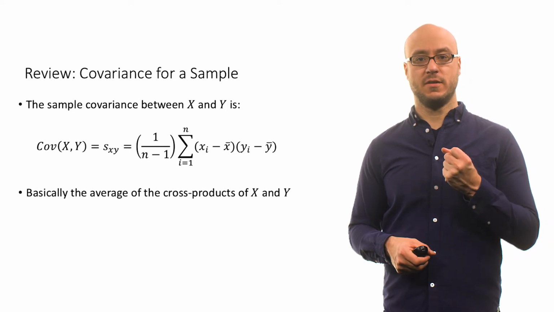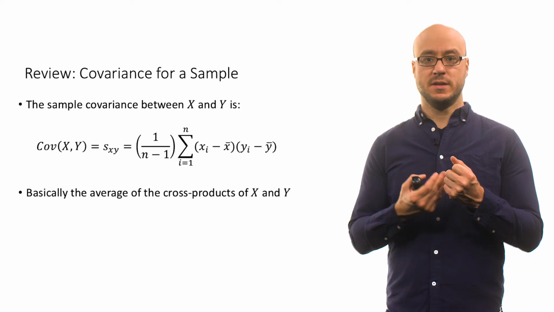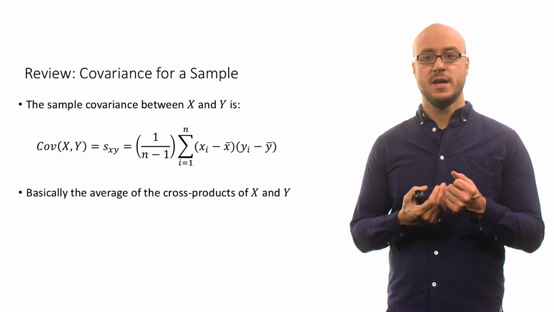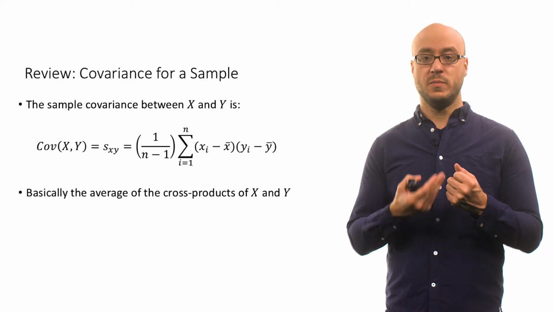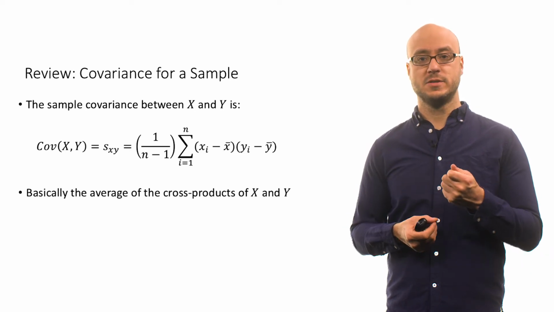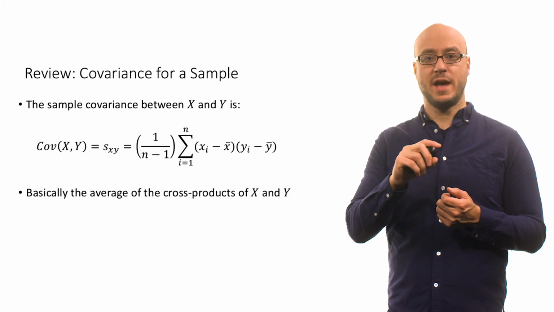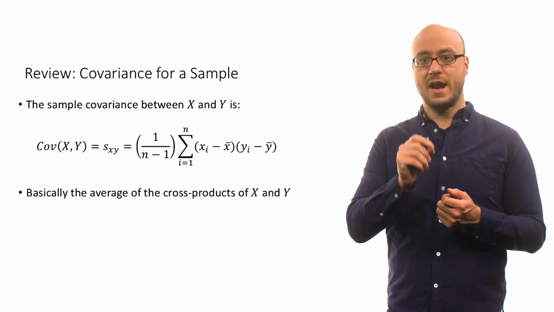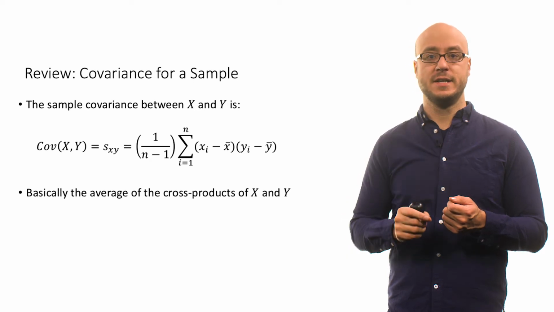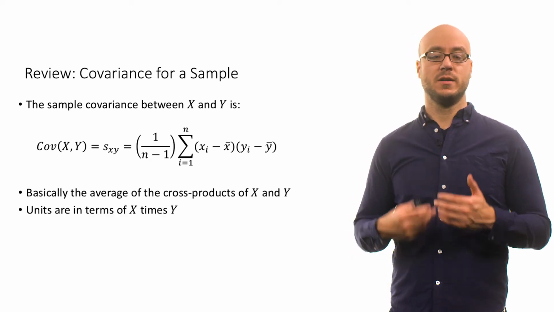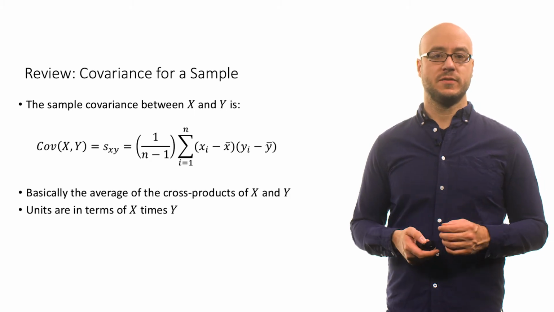So we take our values of x, we demean them, so we remove the mean of x, and we take our values of y, remove the mean of these y values, we multiply each of these x and y values together for every single person or every single row of our data set, and we add these values up and then we divide by n minus 1, which is the effective degrees of freedom.